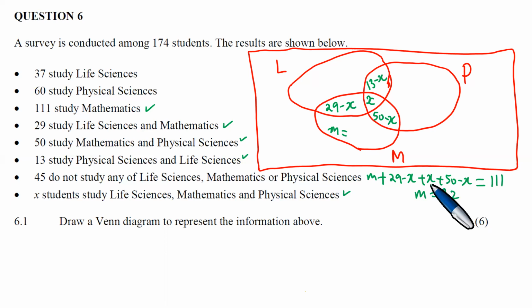And then x minus x is 0, and then you're actually going to add an x like this: 32 plus x. So that's how we get 32 plus x. Okay, so we are done with this one of 111.